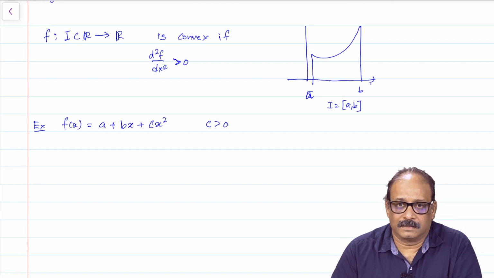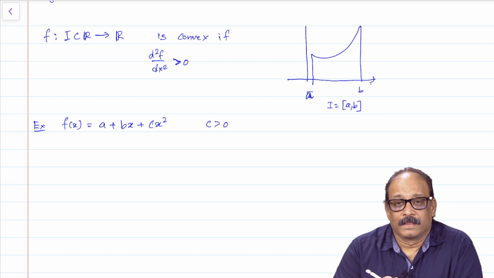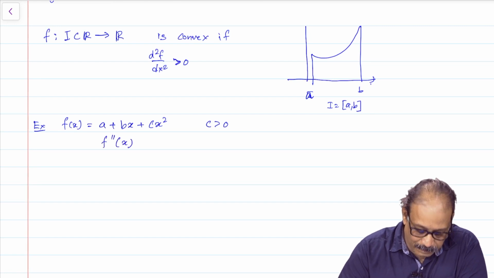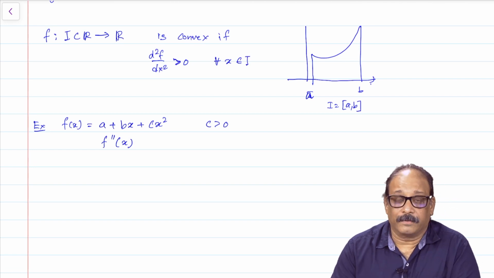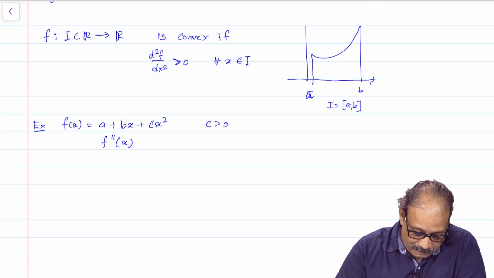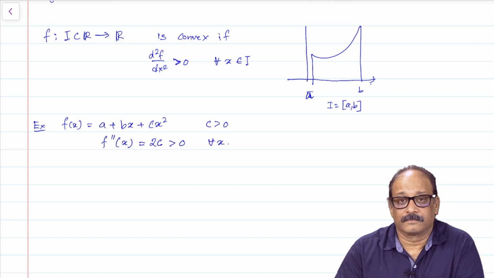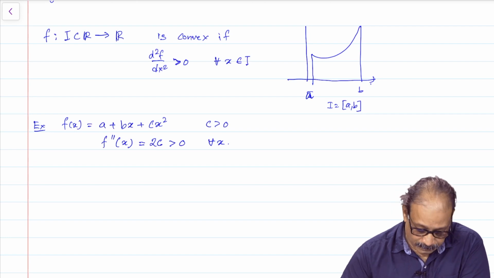You can immediately see it is a parabola, so it has this convex shape that we really want, and you can rigorously show this because the second derivative, which I will denote by f double prime at any x, must be positive for all x in the given interval I. So f double prime x in this case is simply 2c, and because c was greater than 0, this is definitely greater than 0 for all x. So, this is a convex function.